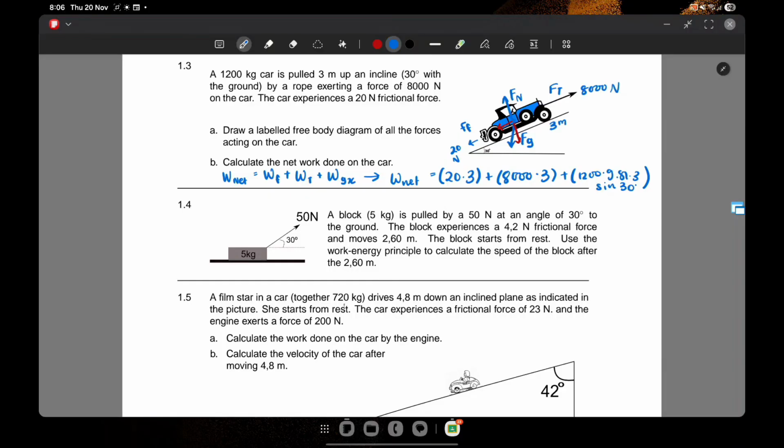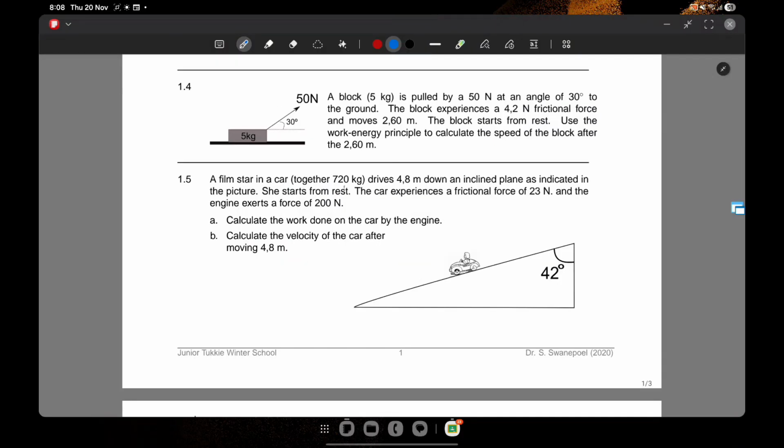Now, if you add them up together, oh yeah, I made a mistake here with friction. It should be negative here because friction is going the opposite direction, so it should be counted as negative if we take going up or going right as positive. This will give us 6,300 joules.